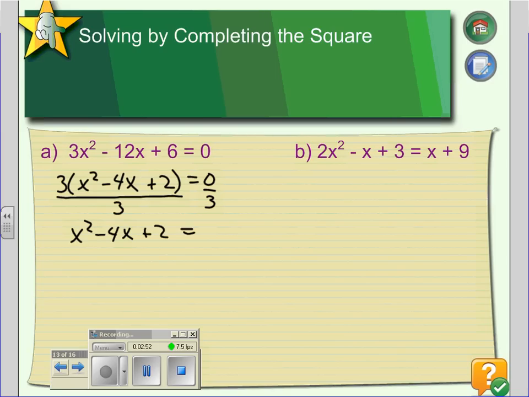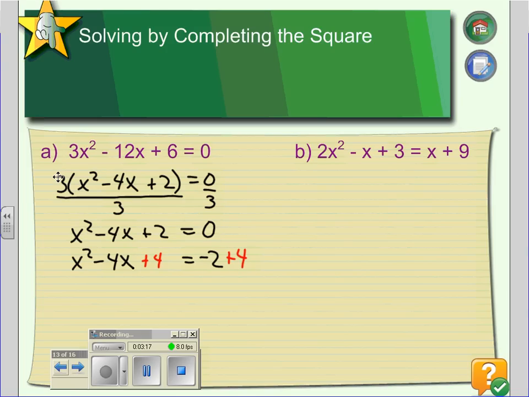And 0 divided by 3 is 0. Now we're going to subtract 2 on both sides. And we leave ourselves some space here to complete the square. So we're going to complete the square. So half of 4 is 2. 2 squared is 4. So we add 4 on each side.